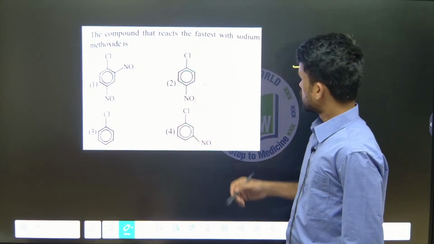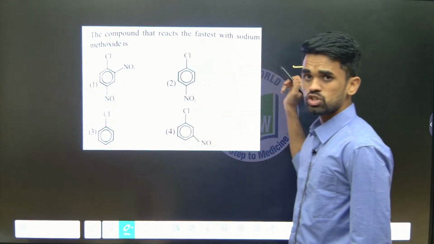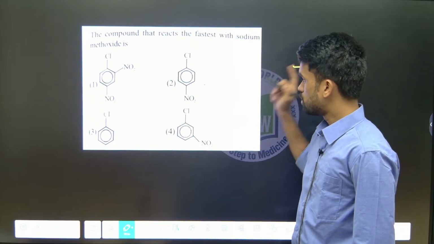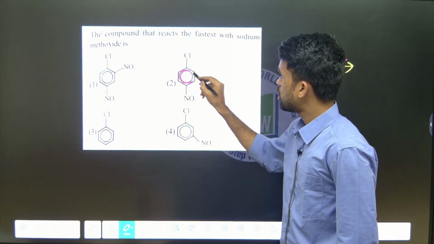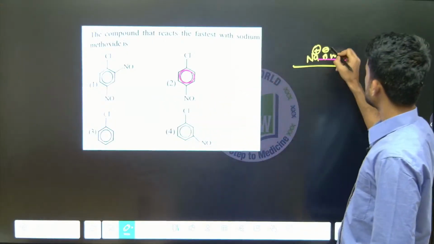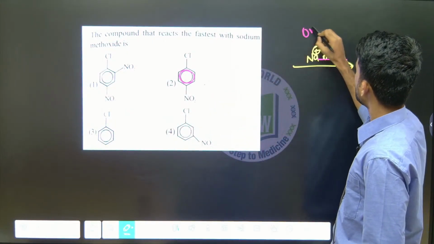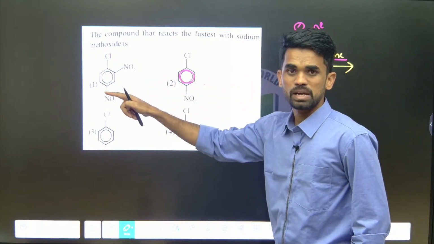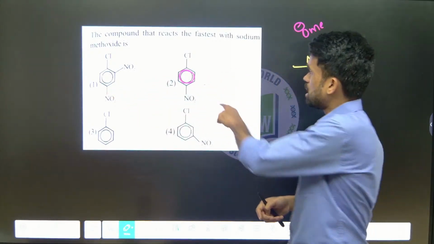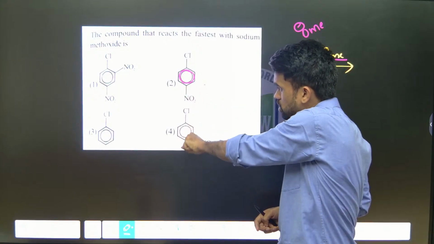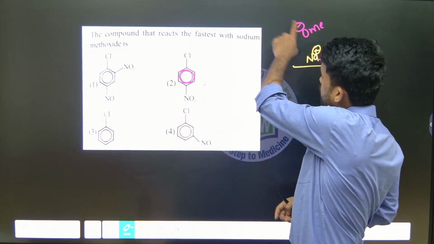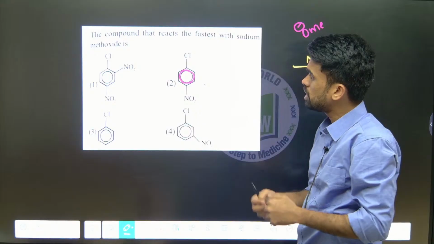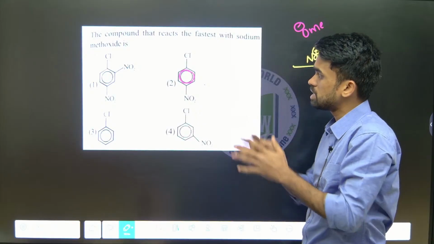Wherever we have chlorine, nucleophilic substitution takes place. But here we already have pi electrons. The negative charge electron density of the methoxide ion and these pi electrons will repel each other. So if the pi electron density is dragged towards an electron withdrawing group, then the nucleophile attack will be easier. Where do we have less electron density in the benzene ring?